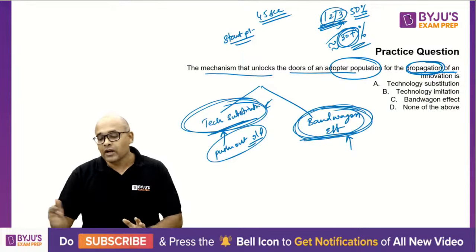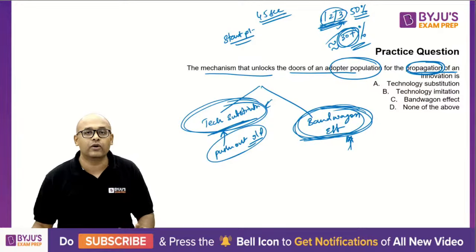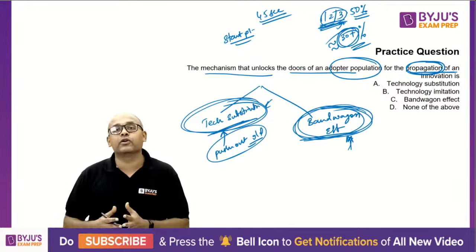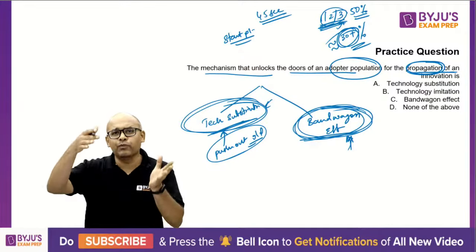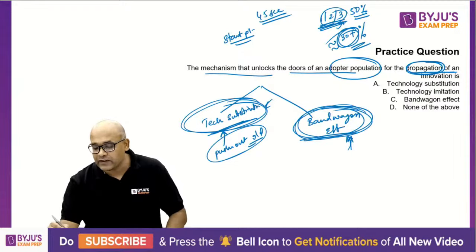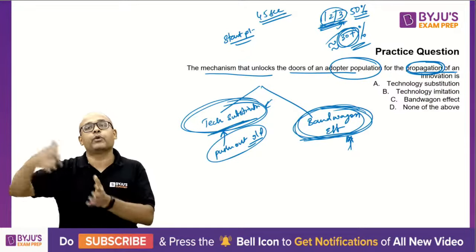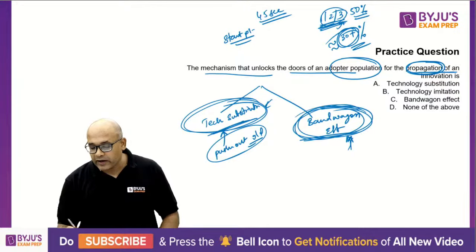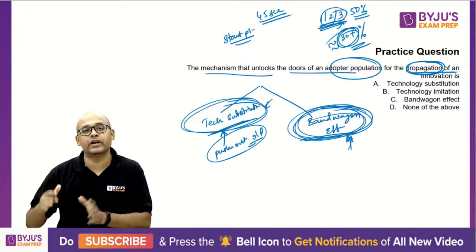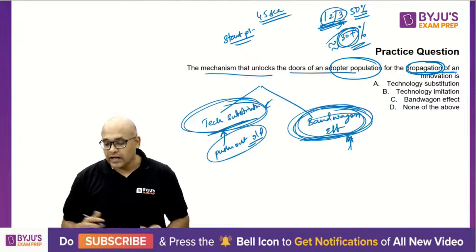Somewhere over there, the bandwagon effect takes over, and the speed goes multifold. Initially it's like a small stream flowing. Once you have 30-40% of people accepting it, to go from 40 to probably 60-70% will not take too long. So the bandwagon effect will push the usage of the technology into the entire audience.